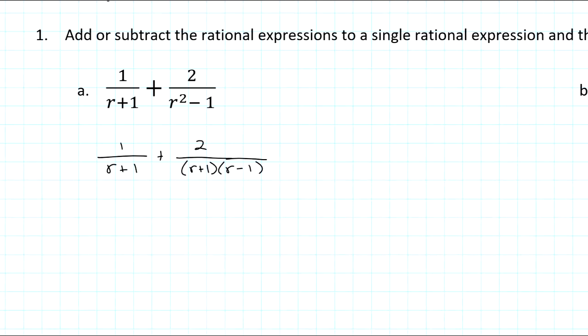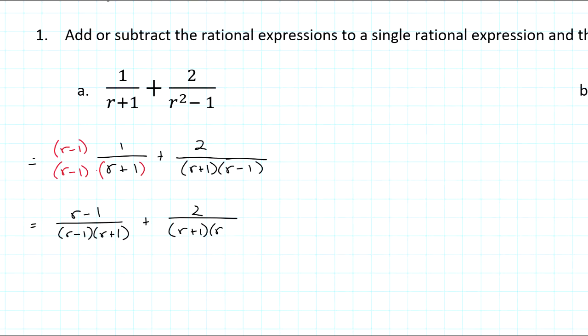That first fraction, 1 over r plus 1, we need to multiply by r minus 1 on the top and the bottom to get our common denominator. So on top we'll now have r minus 1 over r minus 1 times r plus 1. And then we'll have plus our second fraction, 2 over r plus 1 times r minus 1.